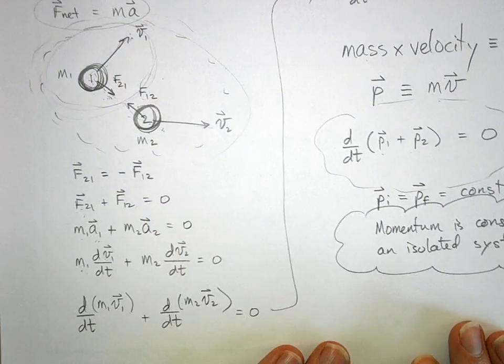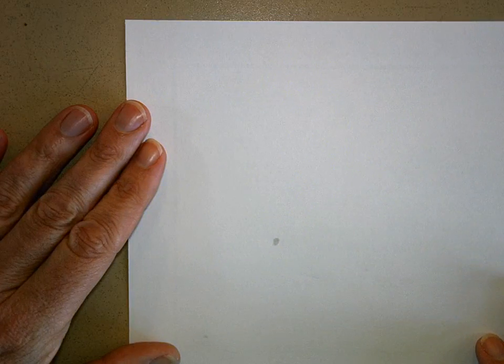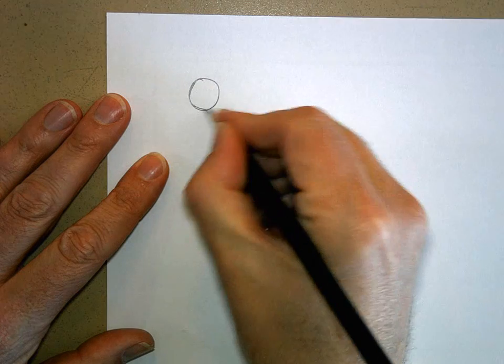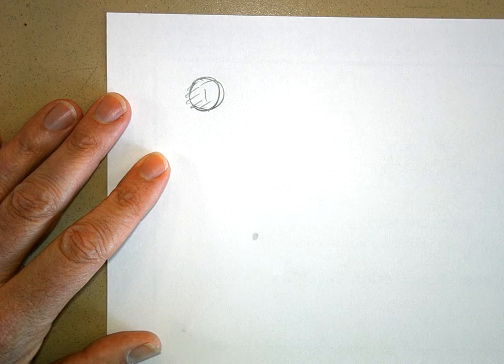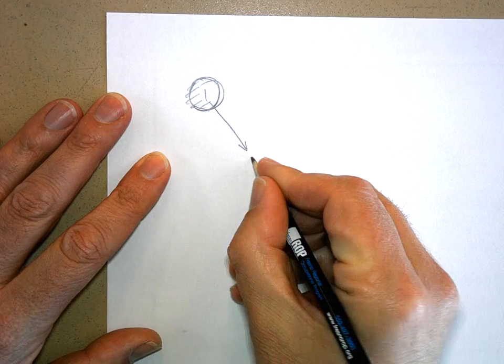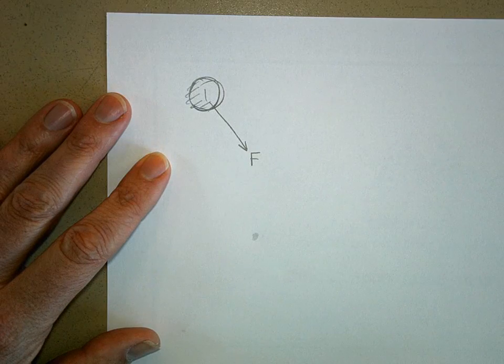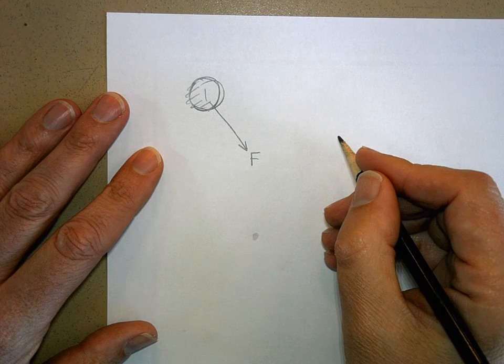I can look at object 1. Let me start on a separate sheet of paper. If I have an object, a particle, and it's got a net force acting on it, then its momentum is going to change.